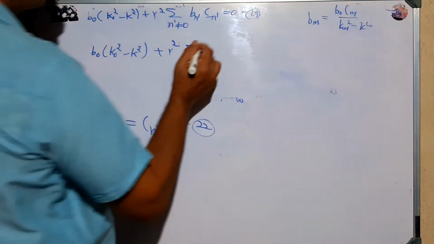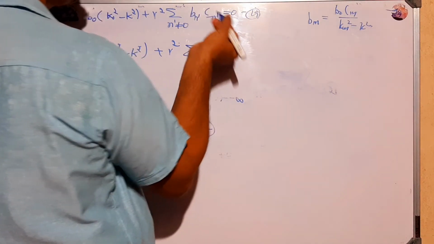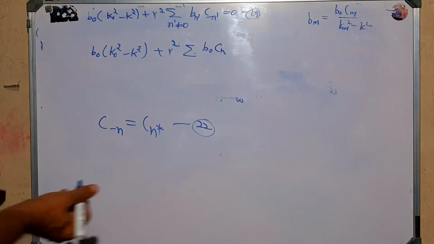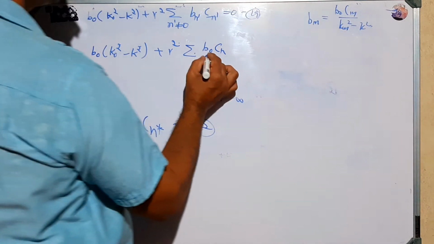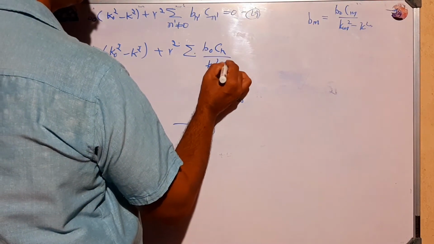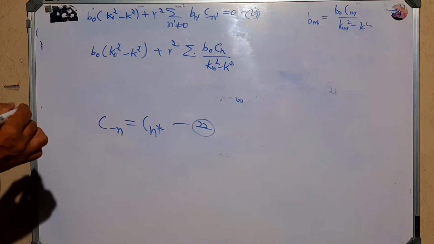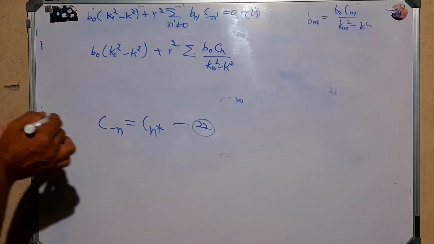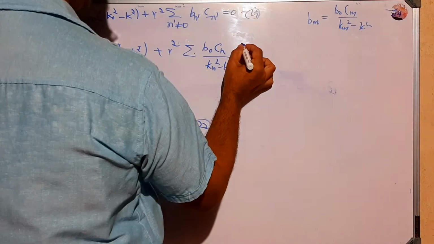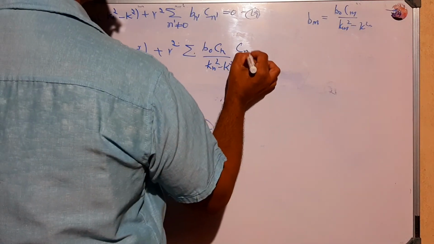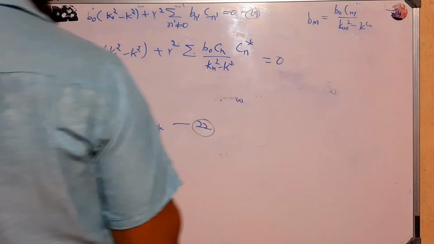It becomes b naught into Cn, since n dash is an integer, n is also an integer, therefore no need to put a dash here, divided by Kn square minus K square. Now C minus n dash becomes Cn star. That is Cn star you are getting. So this is equal to 0.